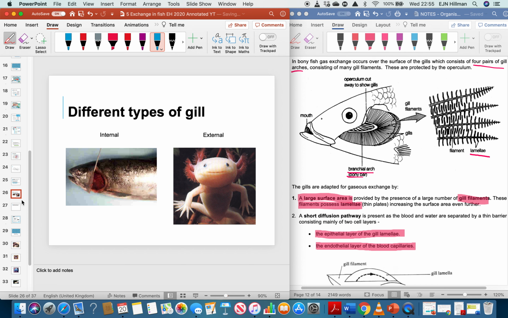Okay, so here are some different types of gill. This is an internal one, an external one. So we've been looking at internal up to now. That's an axolotl, isn't it? They've got external gills. Again, though, we can see lots of branching with those filaments, lots of lamellae on those filaments to increase the surface area.